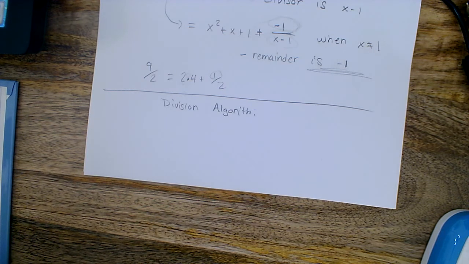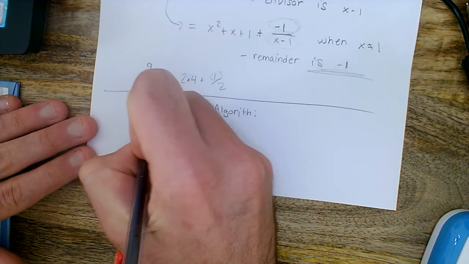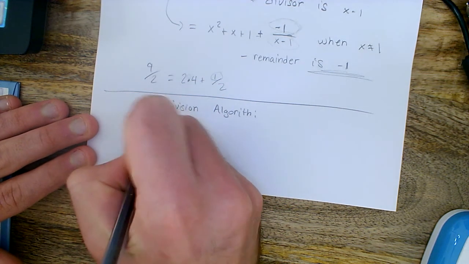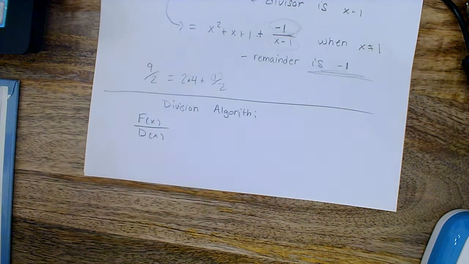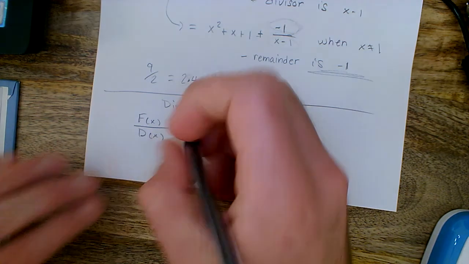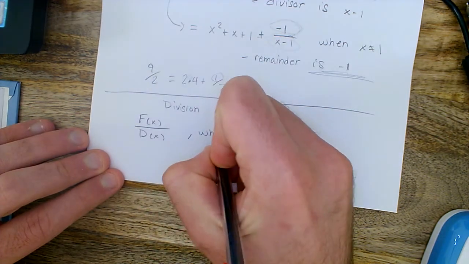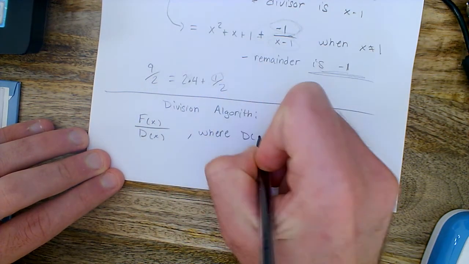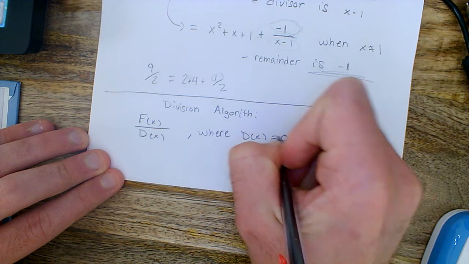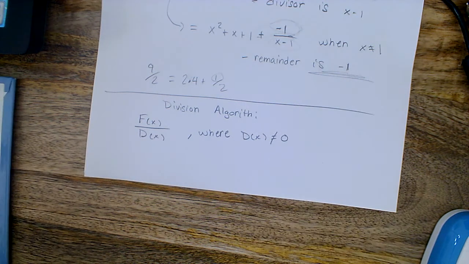So a polynomial f of x is divided by d of x, where d of x is not 0.